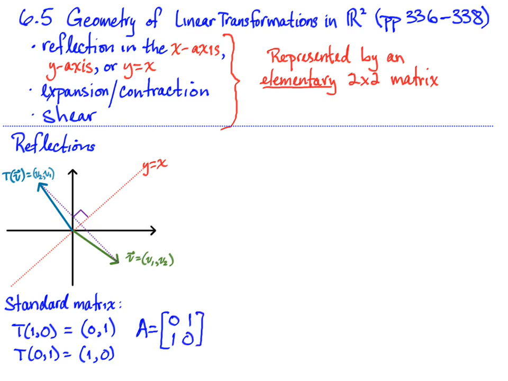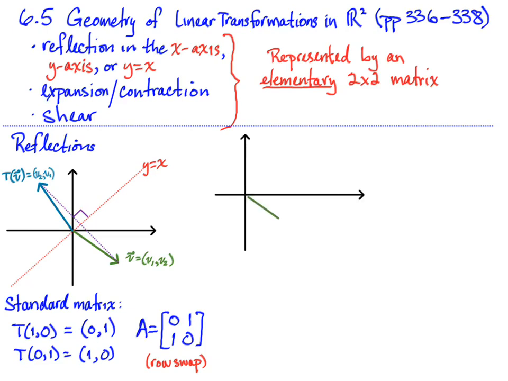And that's the standard matrix for that linear transformation. And you can tell by looking at it, that's an elementary matrix. It's a single row swap on the identity matrix. Okay, so let's look at the other 2 types of reflections.